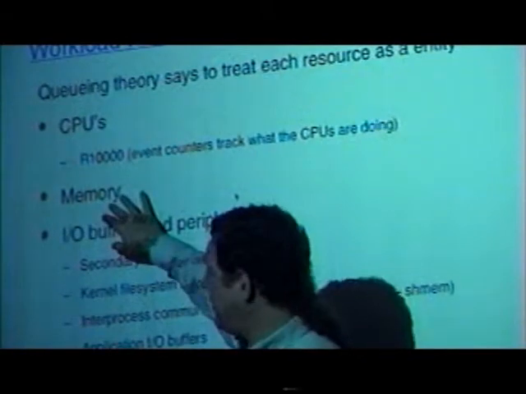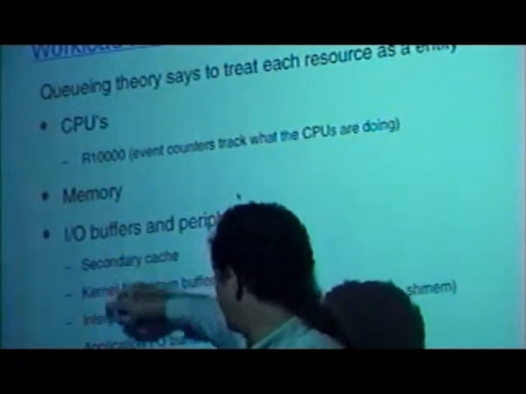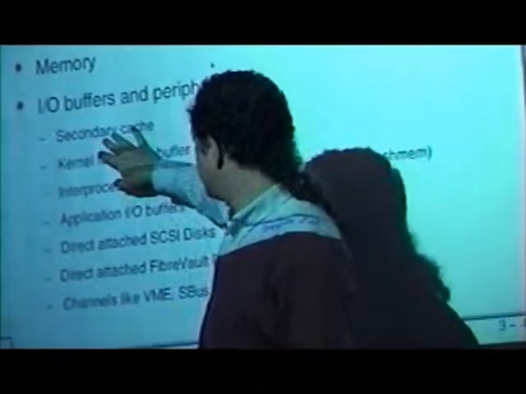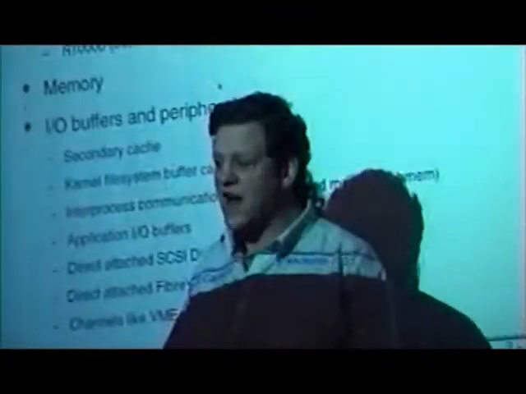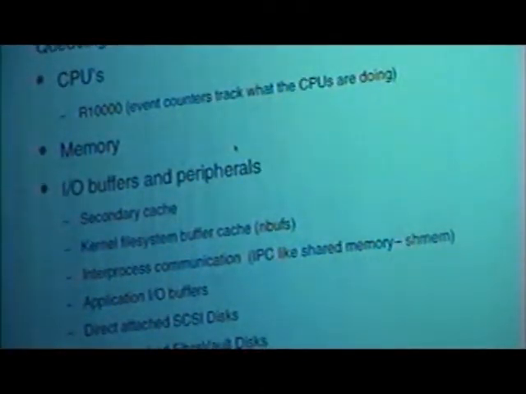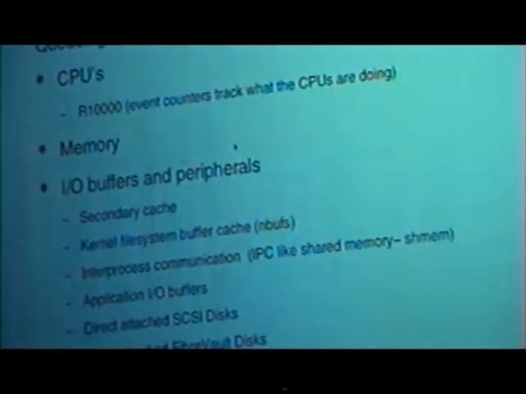Memory, just leaving alone right now, and then for I/O, secondary cache really doesn't belong in that. You should just take that out. Secondary cache is not involved in the I/O path. But then I do have the other types of resources that I talked about.